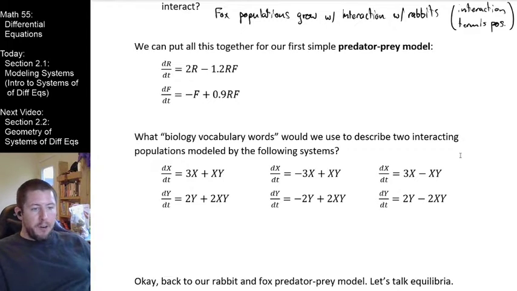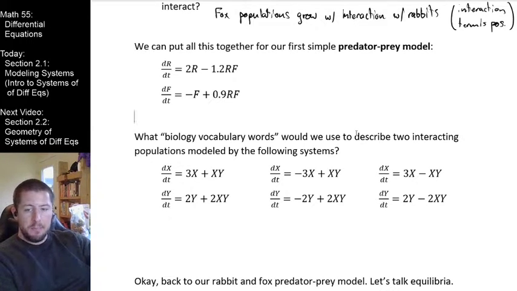So what I'm seeing in the first example is this. If the X animals are all left alone, they'll grow. And if the Y animals are left alone, they'll also grow. It looks like they both are going to grow if separate from each other. But what I'm also seeing is they're going to grow even faster. The X population is going to grow even faster when they interact with Y, and the Y population is going to grow even faster when they're interacting with X right there.